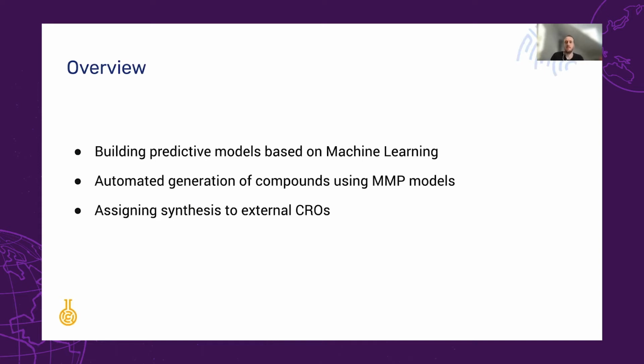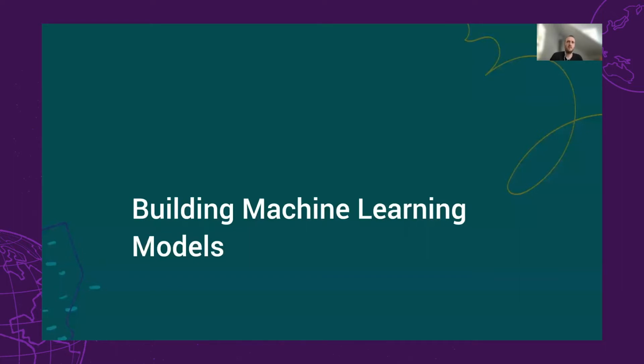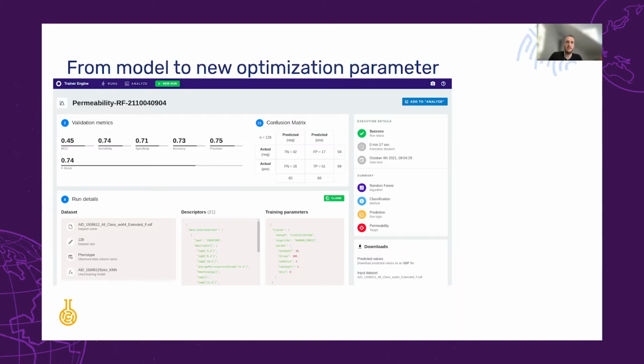So let's get started. The first puzzle piece is building machine learning models. This is actually a very simple part because in the previous segment, you have seen that with the trainer engine, we can now really easily create high quality classification models, for instance, for permeability. So all we really have to do is make sure that everybody within the organization can use this new predictive model.